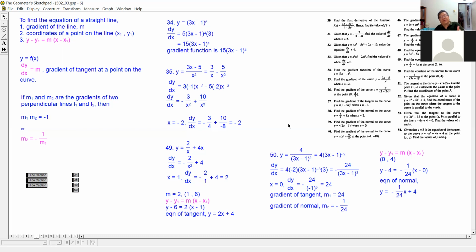Find the equation of tangent, find the equation of normal. For the equation of tangent, differentiate and you get the gradient of tangent. For the equation of normal, there's one more step: you take the gradient of the tangent, flip it to make it the gradient of the normal, then find the equation. One more step.